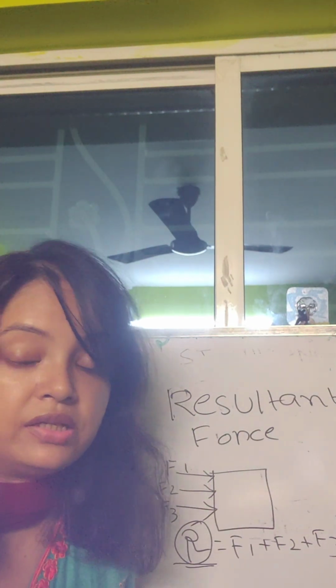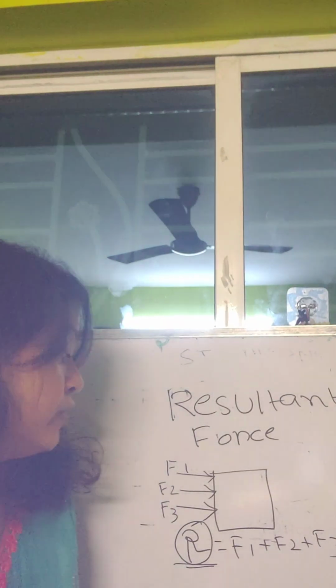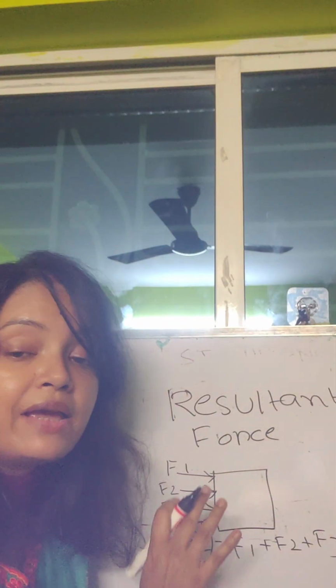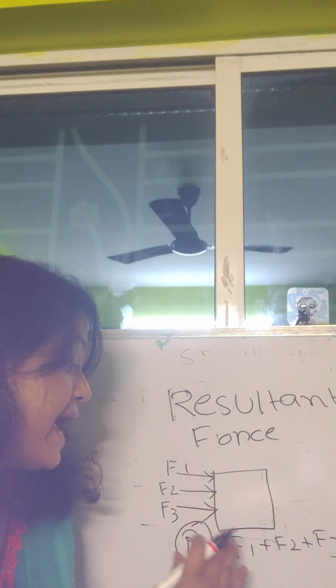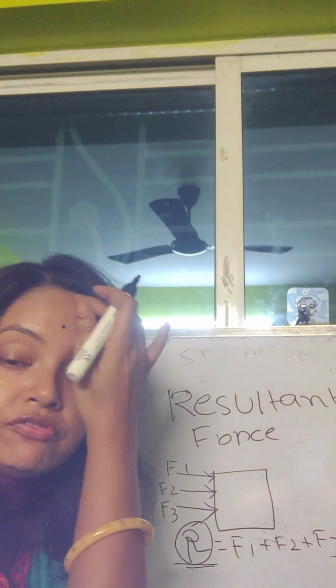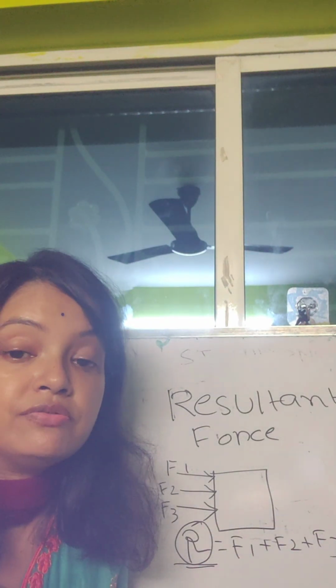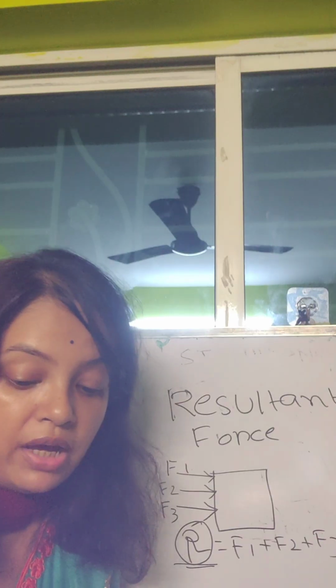So the single force that is the summation of all forces in the system is called the resultant force. Whenever the forces are acting in the same direction, we can add them. But if forces are applied in different or opposite directions, then what will happen?